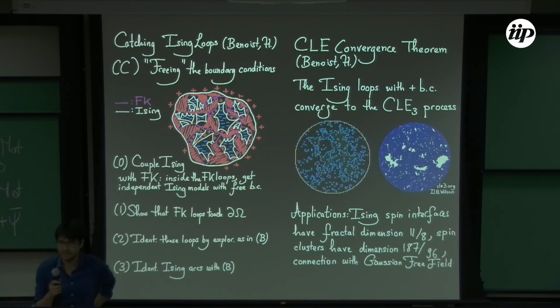Yes, exactly. Very good question. So you take the complement of these FK loops, and you take the connected components of each of them, and you say the Ising, yeah, exactly.